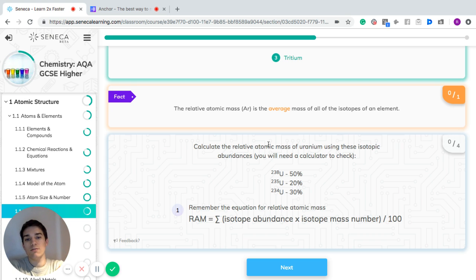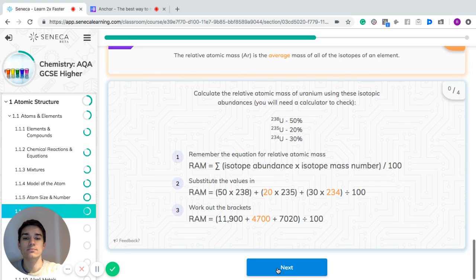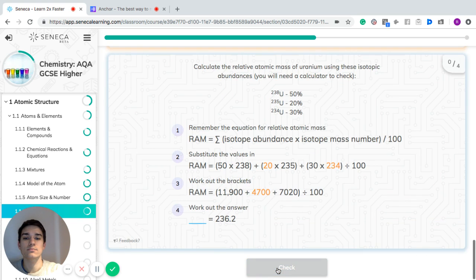So we could do 50 times 238 plus 20 times 235 and 30 times 234. We add them together and divide by 100 to give us the relative atomic mass. The answer in this example would be 236.2.